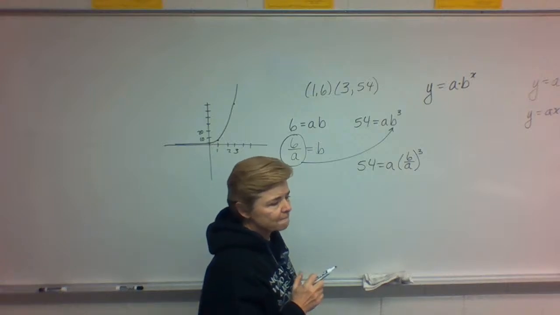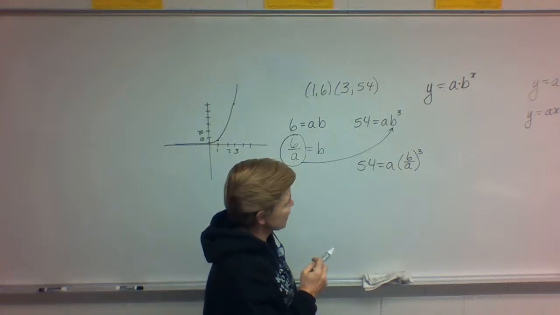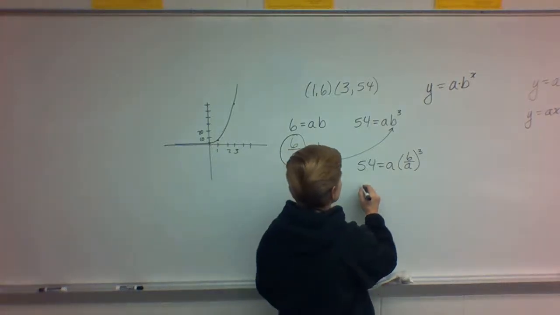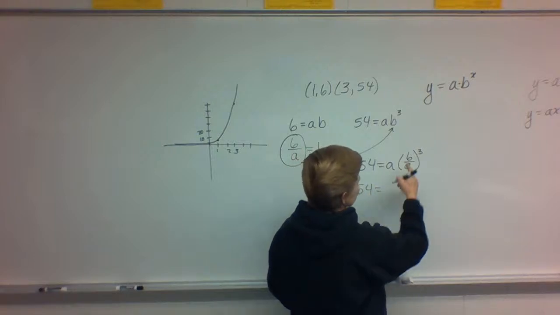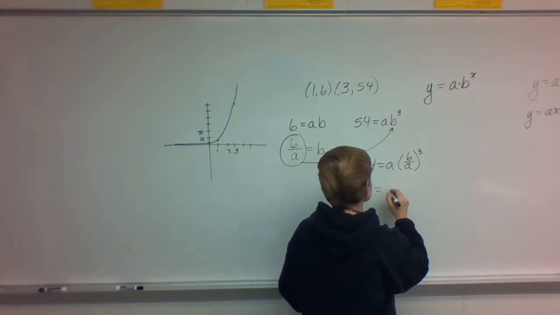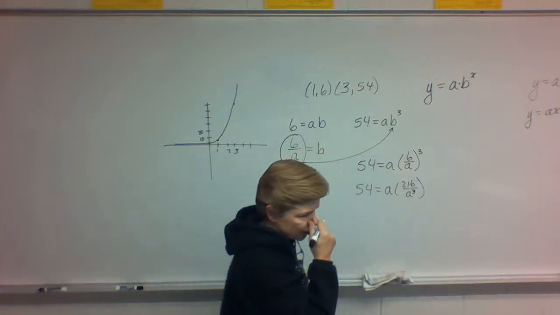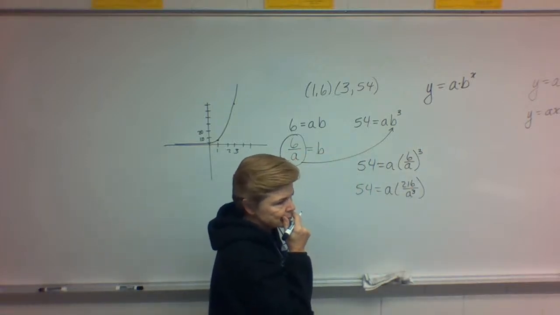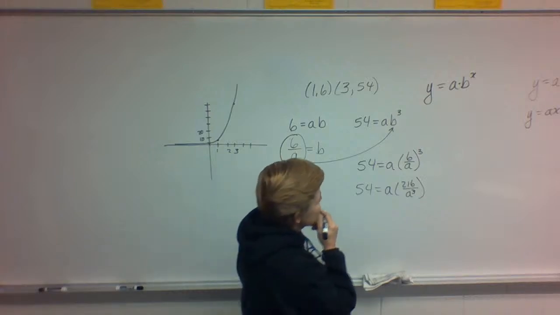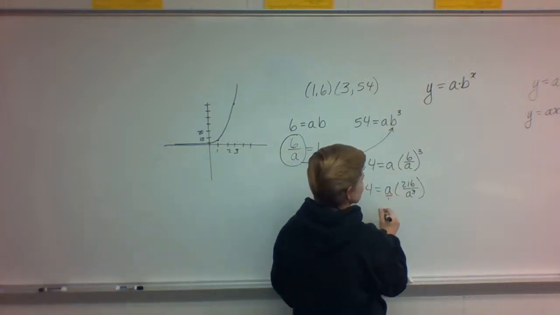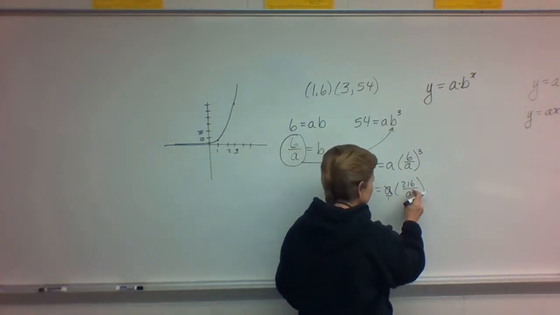That's one way to do it. Let's see what happens when we do this. You would get 54 equals a times 216 over a cubed, because I'm using the cube on both pieces of the fraction. You follow? Everybody clear? Okay. And this a is understood to be over 1, which means that this a can cancel with one of these.